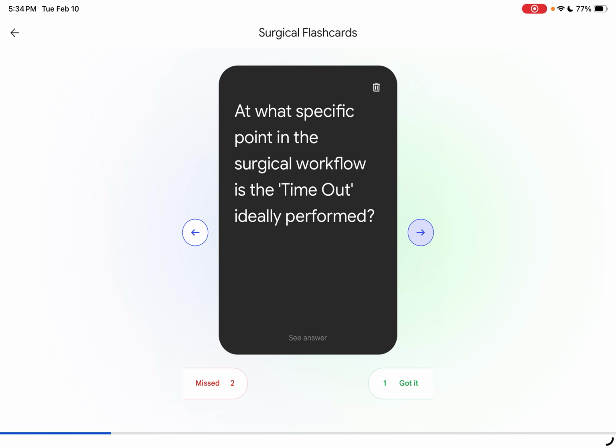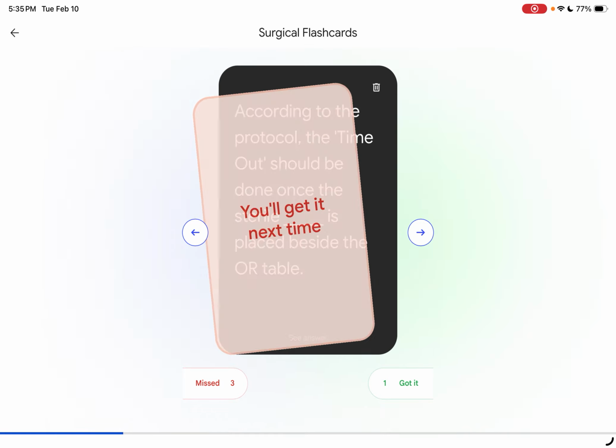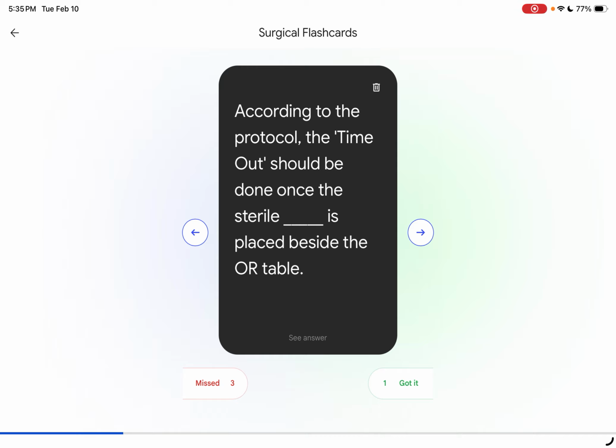At what specific point in the surgical workflow is the timeout ideally performed? Before the skin incision. So, before mag-open ta, we must have a timeout. Now, what does timeout mean? I don't know what that means, guys.